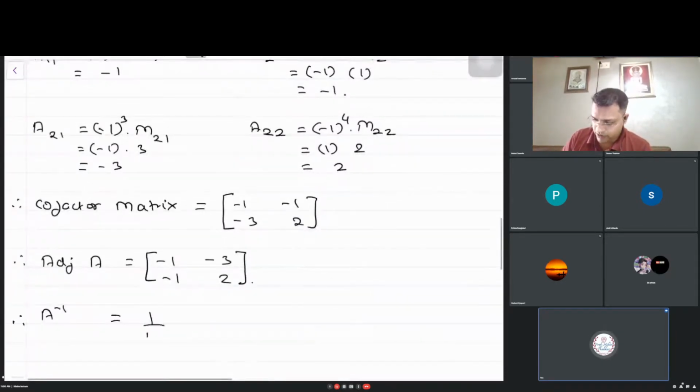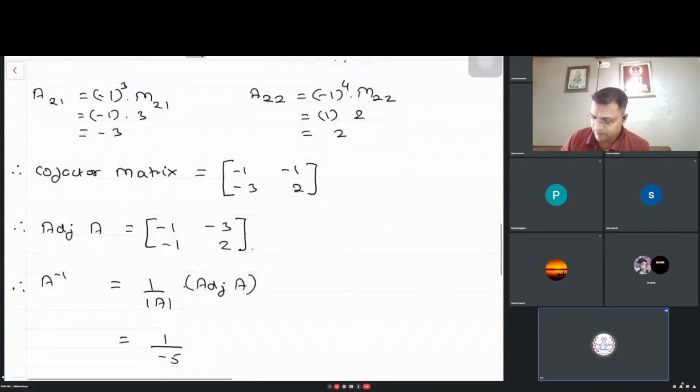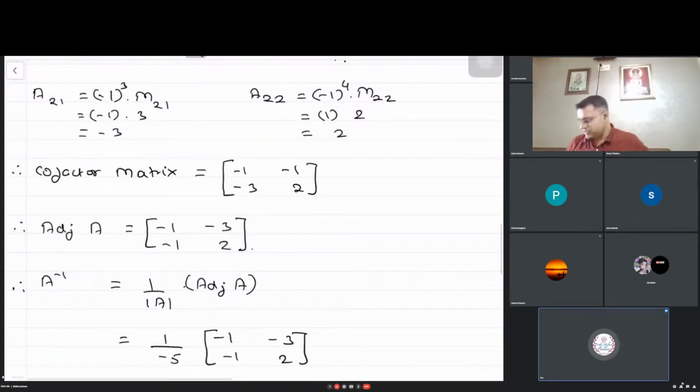And the inverse, I am sure everybody knows the formula by now: 1 upon determinant of A into adjoint of A, which is 1 upon minus 5, into minus 1, minus 3, minus 1 and 2. Now guys, remember one thing. In the previous example, I told you that you can leave the fraction as it is over here as 1 by 5.